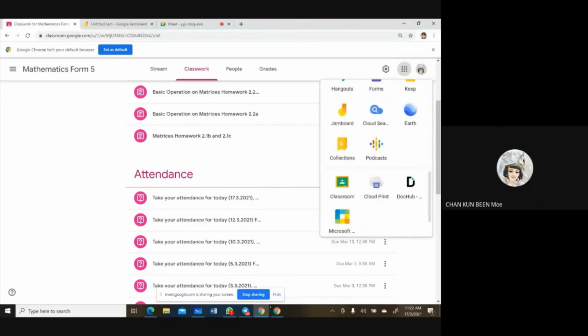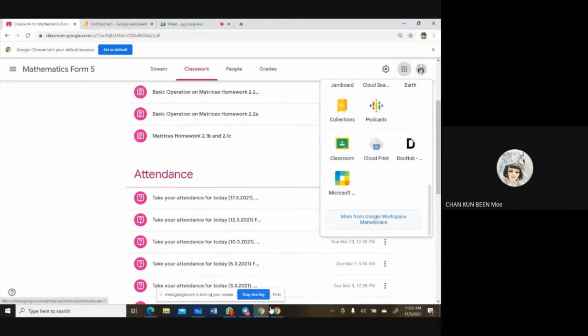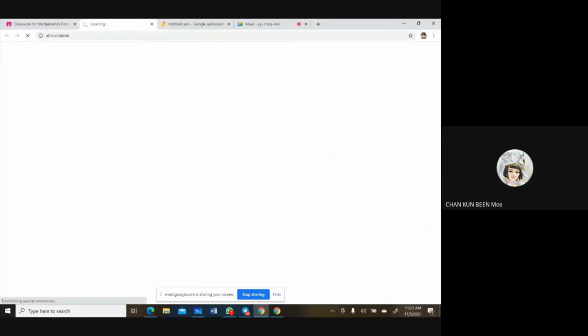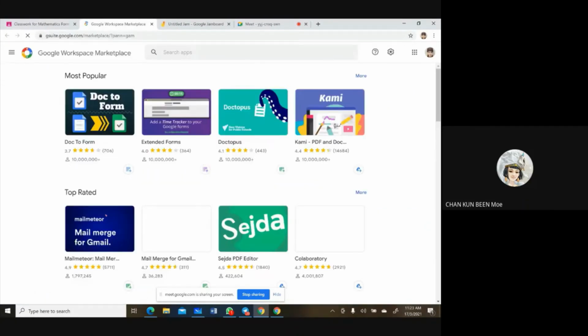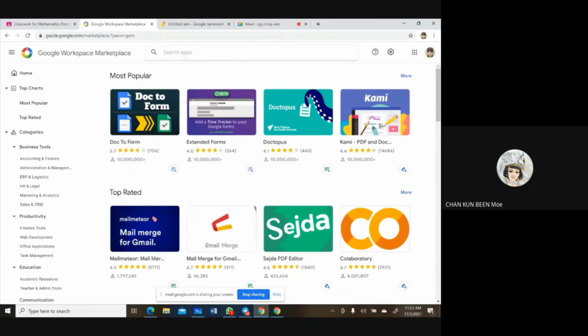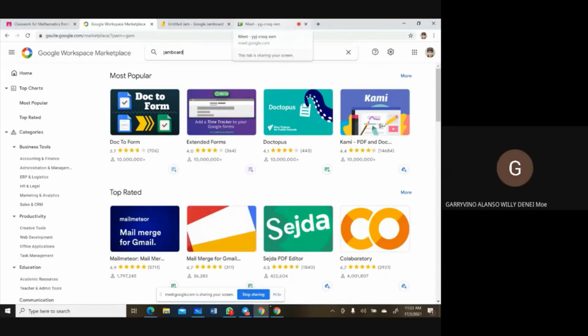You can see more from Google Workspace Marketplace over here. So you click on that. Try to search for that app over here by typing Jamboard. I'm not sure whether mine still can work or not because I already installed it. You try to type Jamboard and see whether the app comes up or not. Can you try that, Gary? Okay, you try it now.